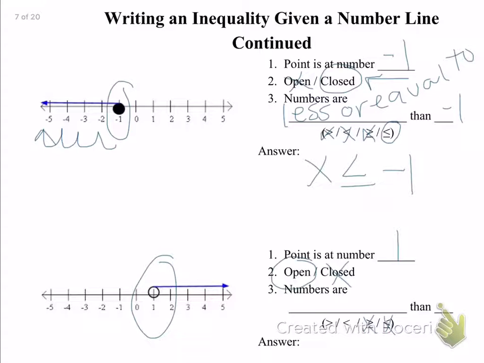Now the next step is to figure out if the numbers that have the line above them are greater than or less than 1. We've got 2, that's bigger than 1. 3, also bigger. 4, 5, bigger than 1. So the numbers are greater than 1. We're going to use this inequality symbol, because that's the greater one, because your Pac-Man wants to eat the bigger number.